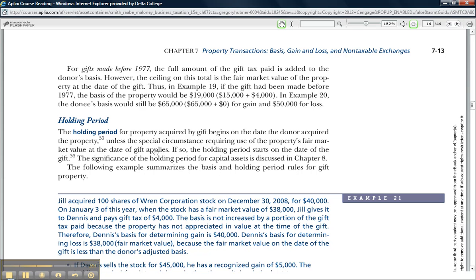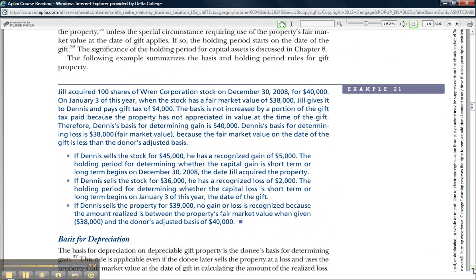So if the general rule applies for carryover basis, then the holding period is also carryover. If not, then the holding period starts on the date of the gift. So if the value is lower than the basis, then you have a new holding period that starts the date of the gift. So these examples do a good job of explaining basis and holding period in the case of gifts.